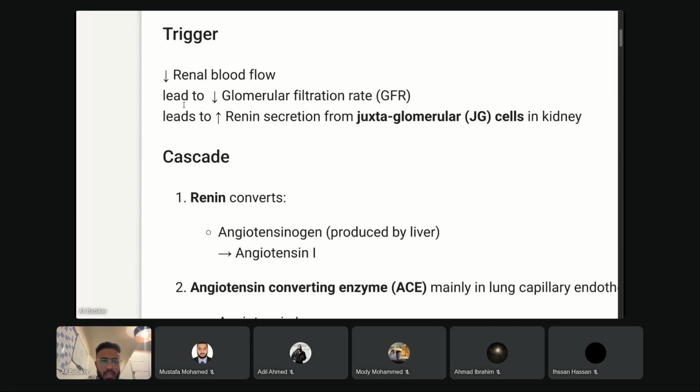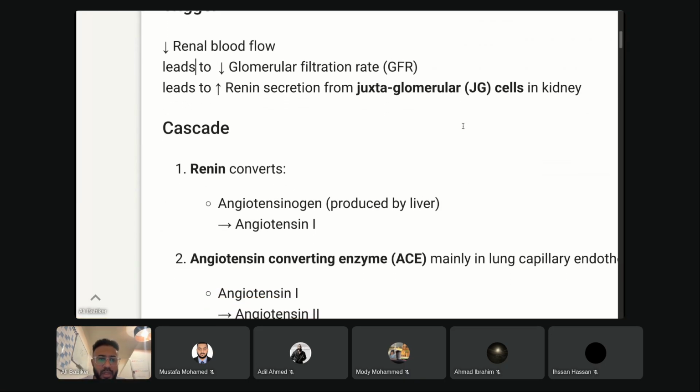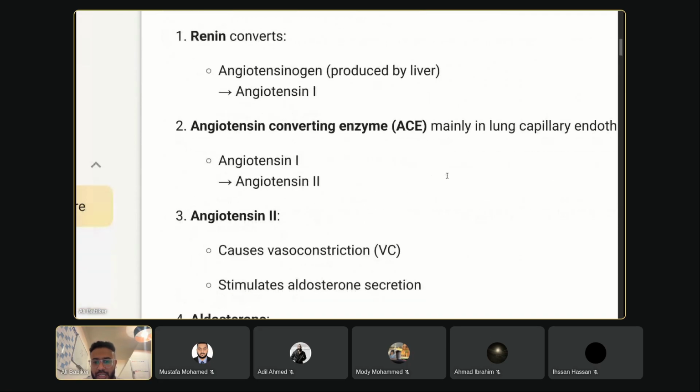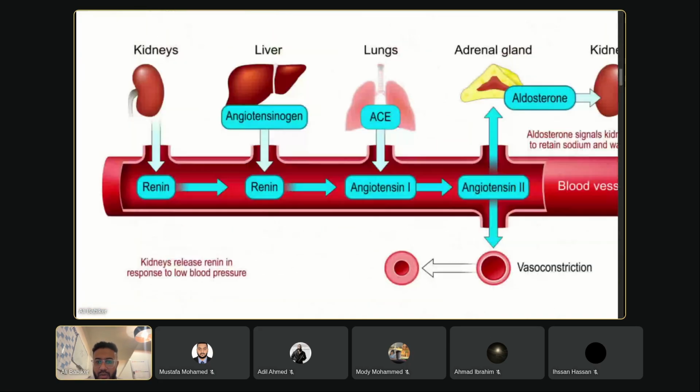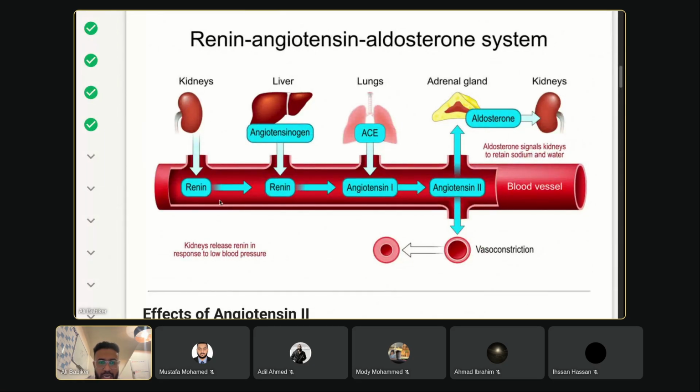which leads to renin secreted from the juxtaglomerular cell. All right, the renin converts angiotensinogen to angiotensin 1, and the angiotensinogen is produced from the liver. There's an image here. Let's just explain with the image, that will be easier for you. You have the kidney, which produces the renin.